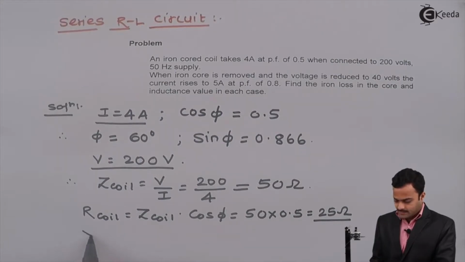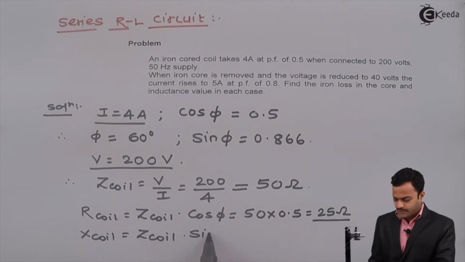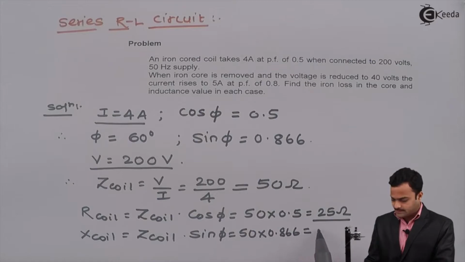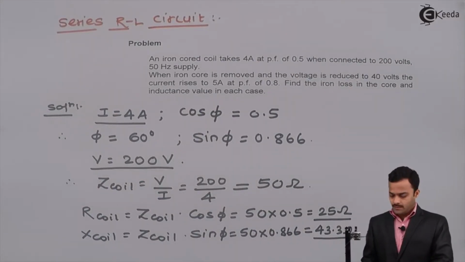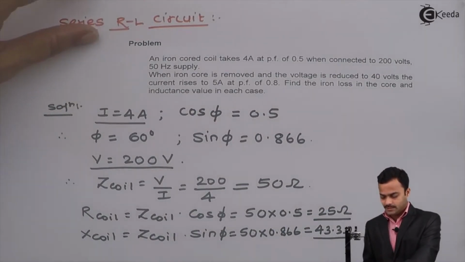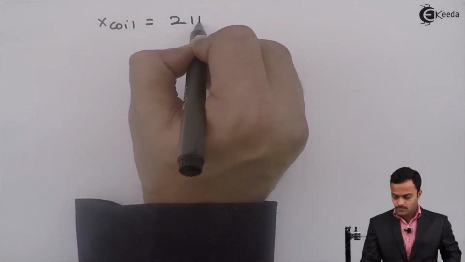Similarly, I can get X coil, Z coil into sin phi, 50 multiplied by 0.866, the answer is 43.3. Now from reactance I can get an inductance. The formula is X coil equal to 2 pi FL.